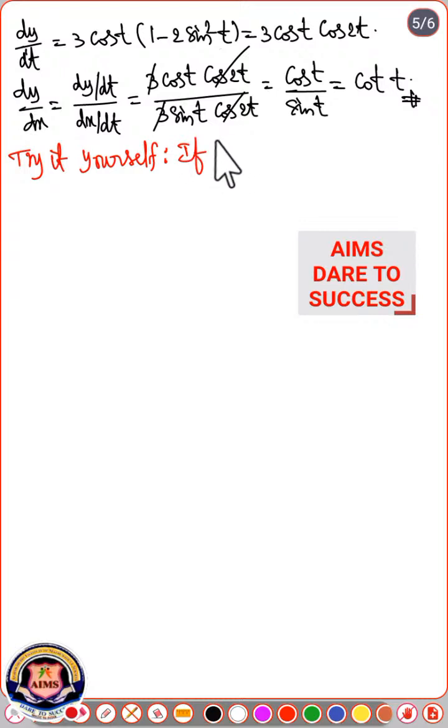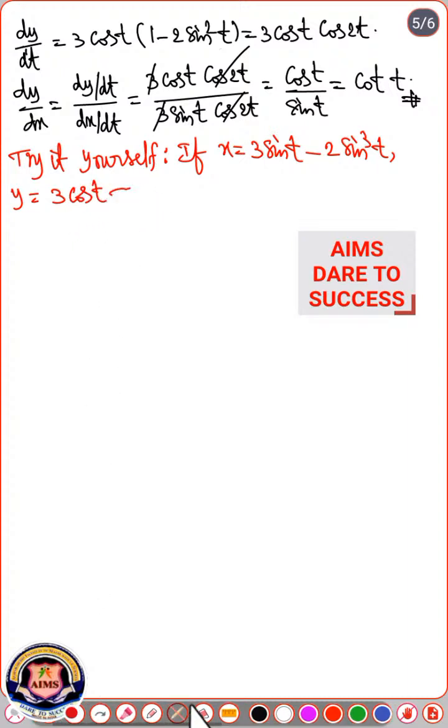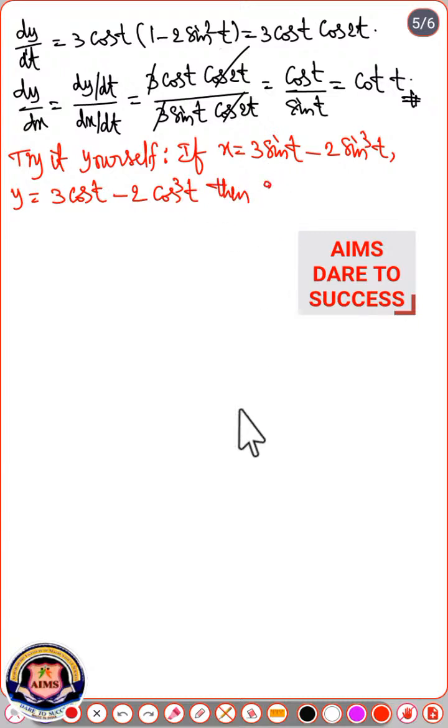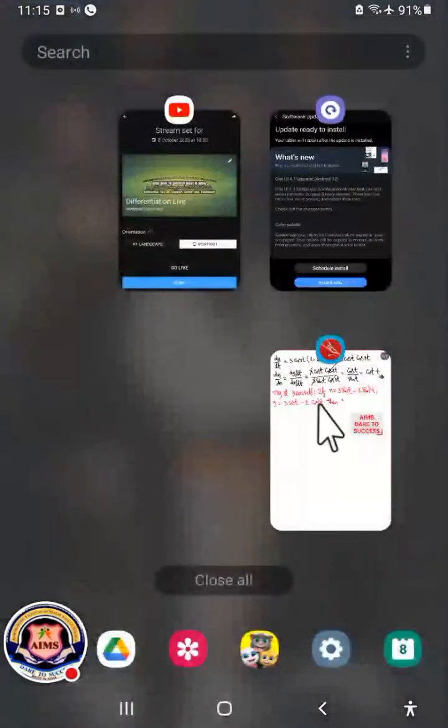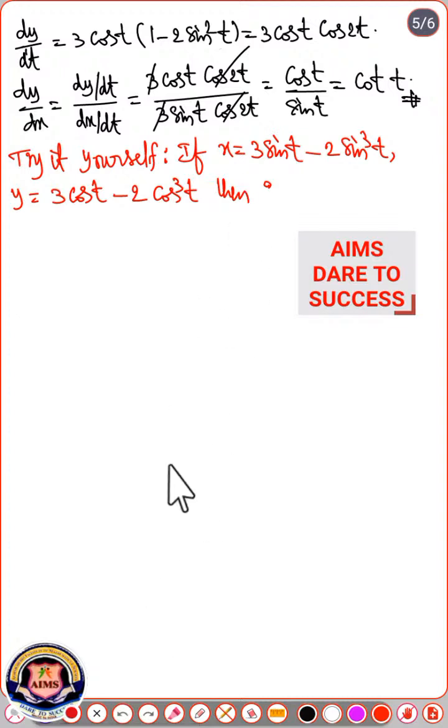So the problem is: if x is equal to 3 sin t minus 2 sin cube t, and y is equal to 3 cos t minus 2 cos cube t, then find the value of dy by dx. Once you get the answer, comment it in the comment box.